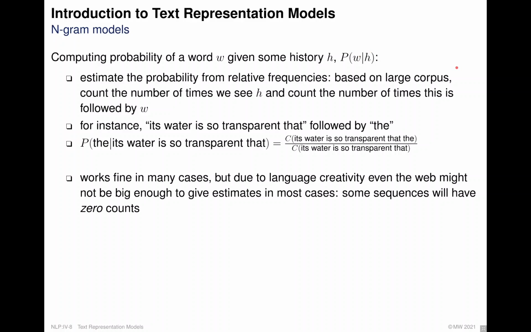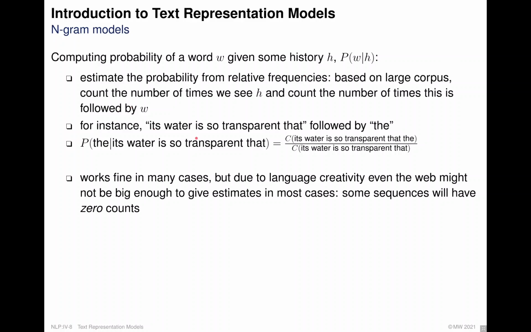Well, the most coarse-grained approximation would be to estimate the probability in a standard way from relative frequencies. So we take a large corpus and count the number of times we see that history, that what precedes the word, and count the number of times this history is followed by that specific word that we're interested in. And that's how we calculate this coarse-grained probability estimate.